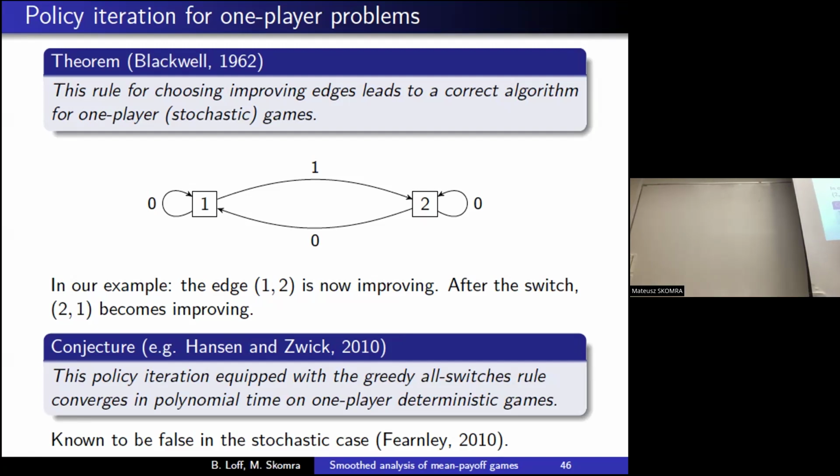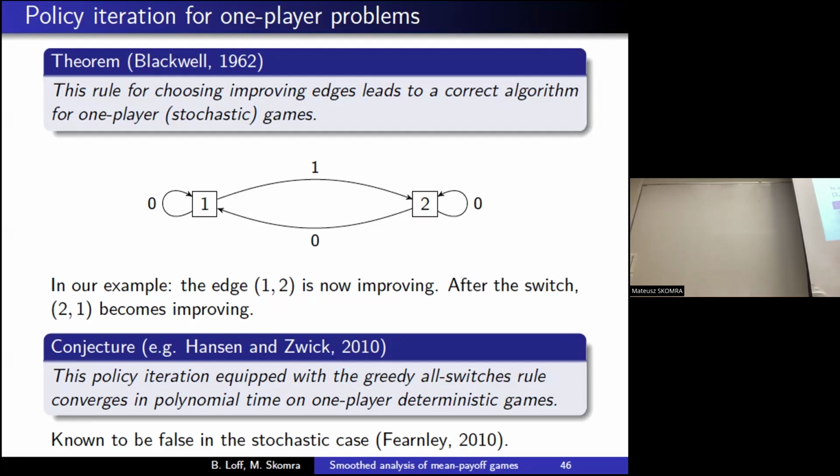In this situation, the Blackwell bias is not 0, because the Blackwell bias comes from this last term in the discounted game. Here in the discounted game, I get 1 minus gamma, so my Blackwell bias is 1. After the first switch, the Blackwell bias changed and it's now 1, 0.